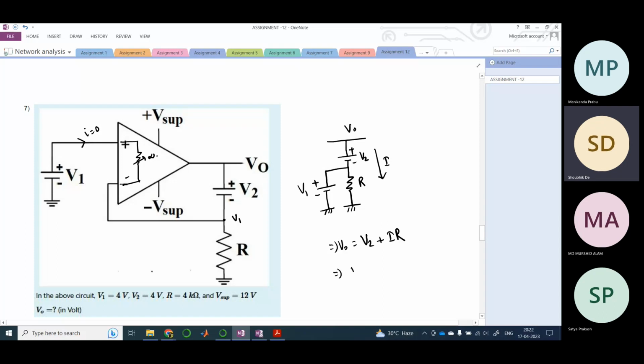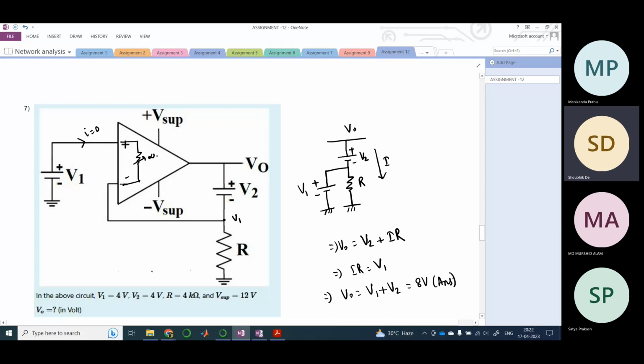And what is IR? IR is nothing but V1, because it's the potential across this resistance, since V1 is getting followed into this because there is a unity feedback path. So now V0 would be equal to V1 plus V2. Therefore, this would be equal to 8 volts. So this is the answer.